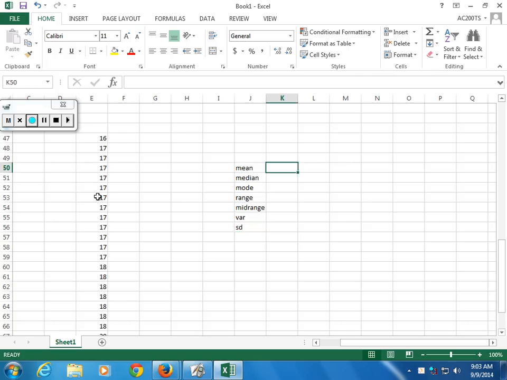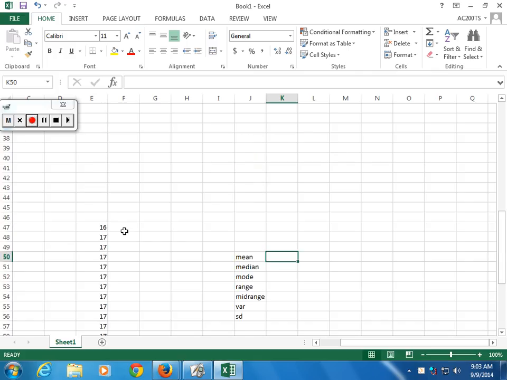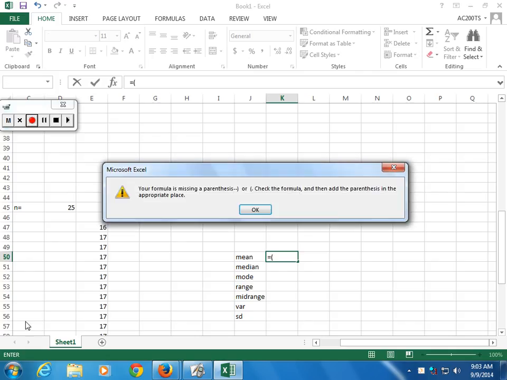All right, the mean, well, we all know what the mean is. The mean is add them all up and divide by what? So equals, and I'll put n is equal to 25. And I'll go equals, parentheses, summation. No, it's not going to like that.